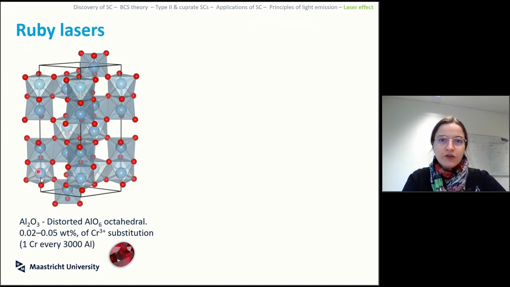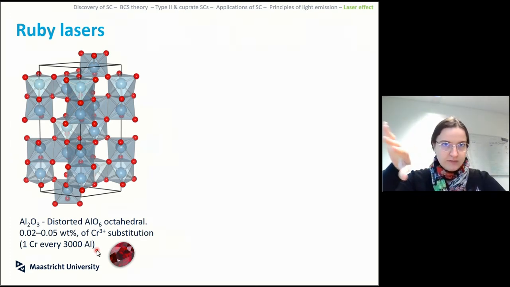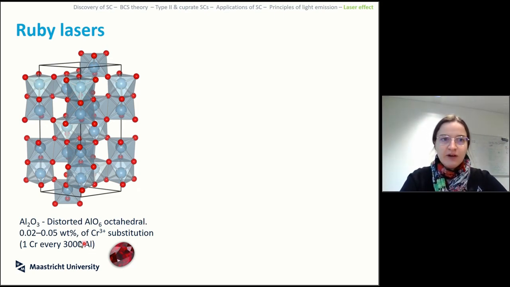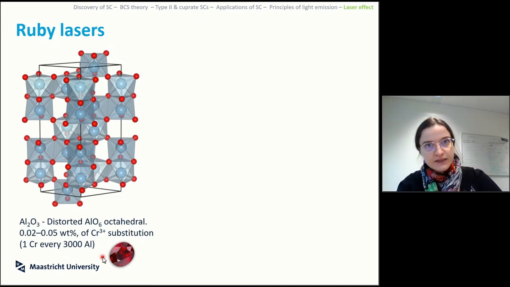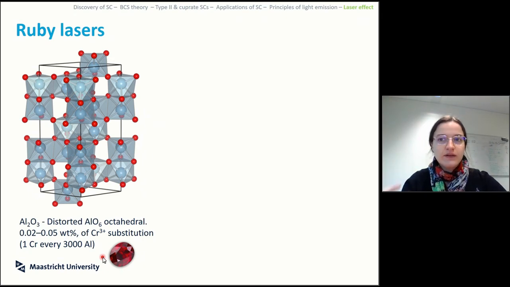Because when you dope it, you replace something like aluminum, which is a main group element, with something like chromium-3. Now, aluminum-3 and chromium-3 have the same oxidation state, so your structure could like it. They are vaguely similar sizes. Your structure could like it, but if you just substitute very little of it, between 0.02 and 0.05% in weight, your chromium at that point will have the same oxidation state, but a series of partially filled energy levels and orbitals.